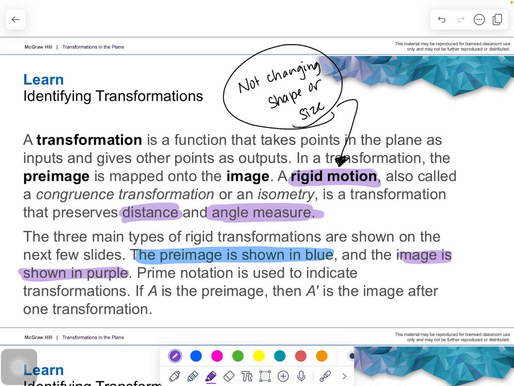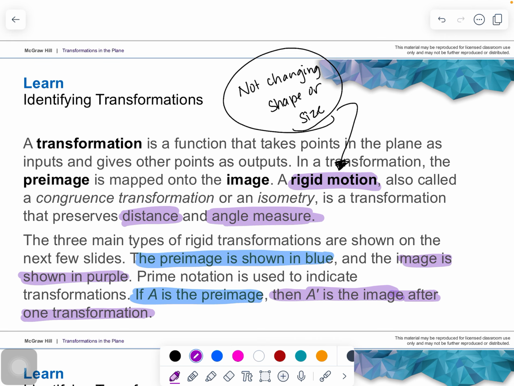So if A is the pre-image, then A prime is the image after one transformation. So when you see this tick mark, that indicates a transformation has occurred.